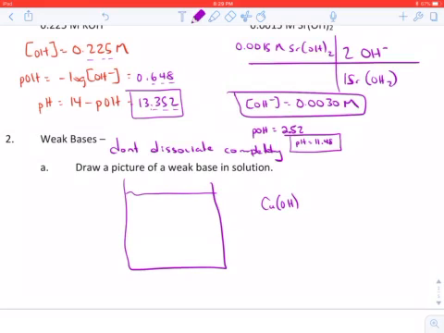Cu(OH)2. That gives us Cu2+ and 2 OH minuses, but it's an equilibrium. So what we're going to see is a lot of Cu(OH)2s in solution.